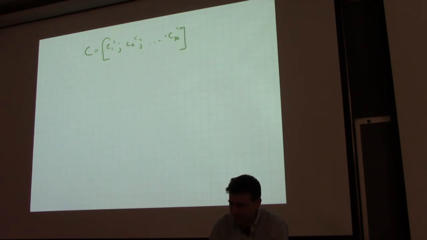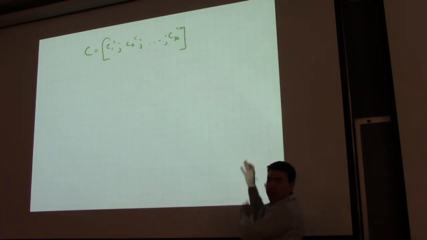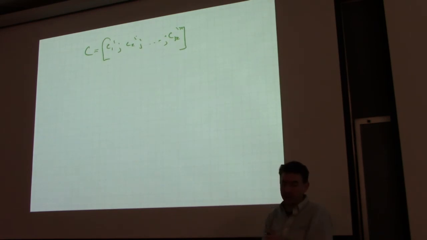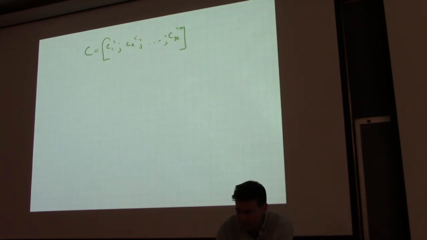I'm going to put the columns I kept next to each other into a column matrix. Then I'm going to define a projection matrix. And I think the right way to define this, hopefully I'm going to get this right, is going to be C transpose C inverse C transpose.